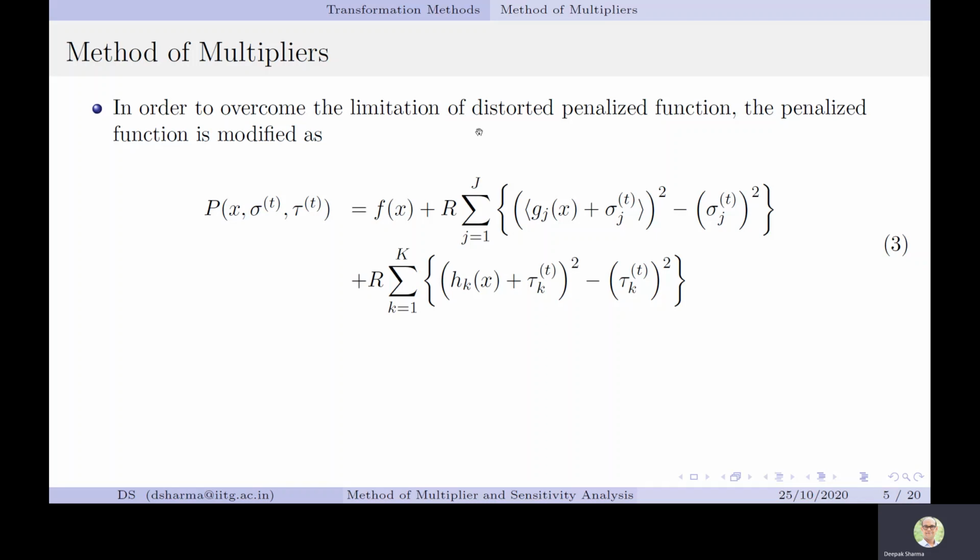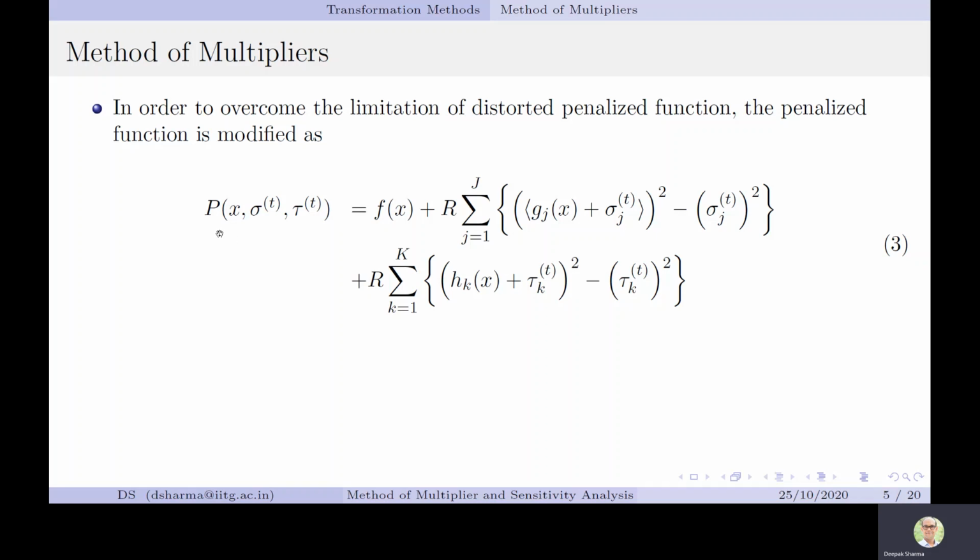And as and when the value of R is more, the distortion will be more, and that can result in artificial optima.